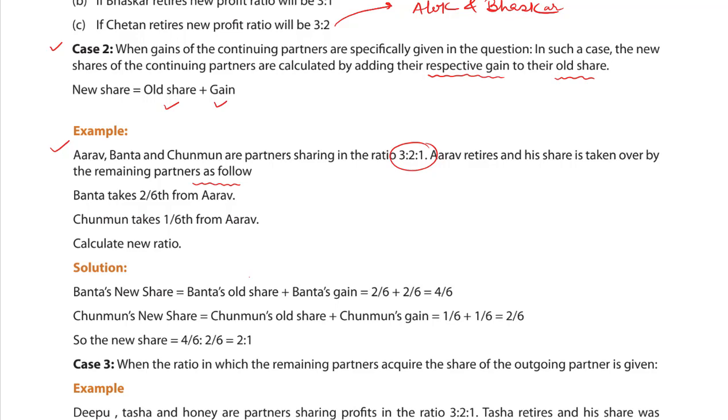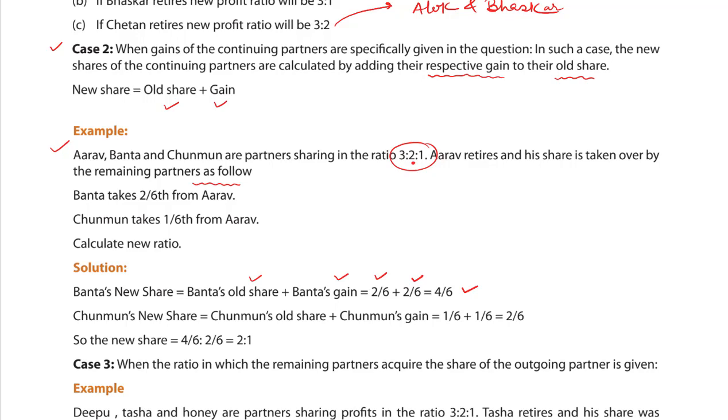Banta's new share will be Banta's old share plus Banta's gain. Banta's old share is 2 by 6. So 2 by 6 plus Banta's gain from Arav, 2 by 6, equals 4 by 6.